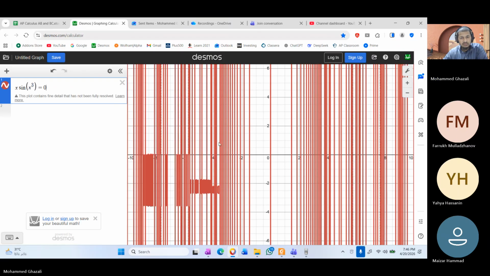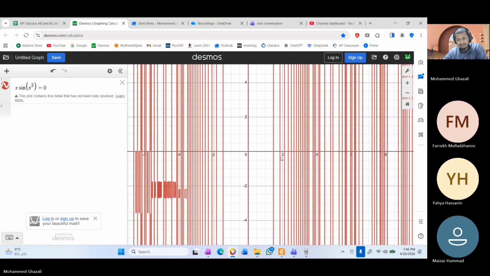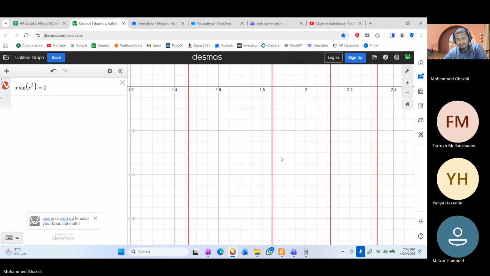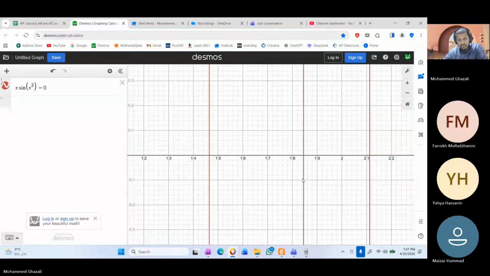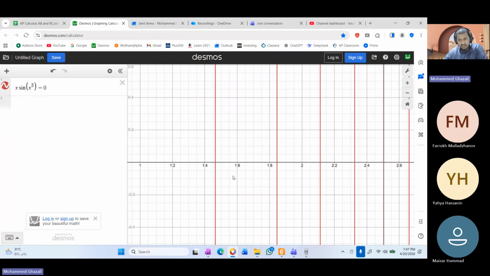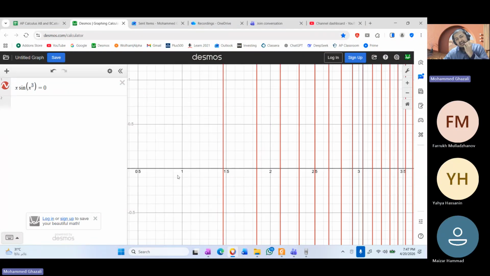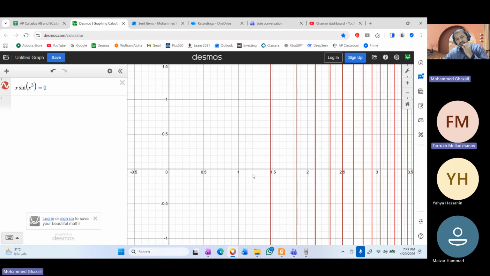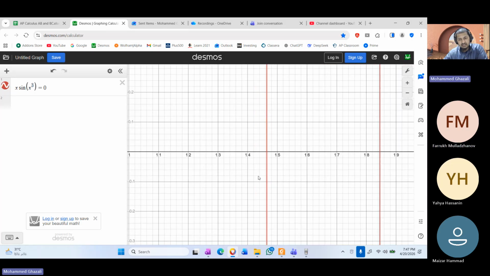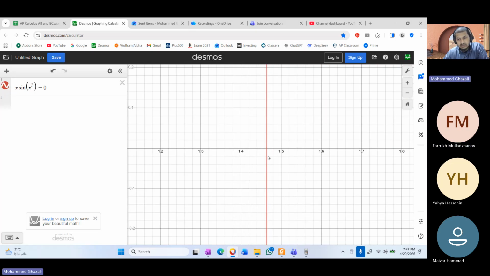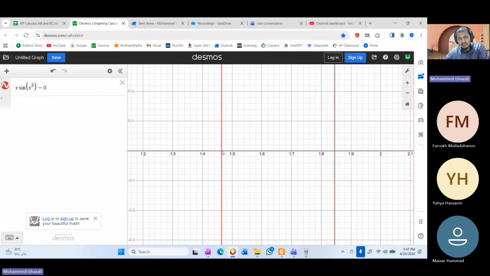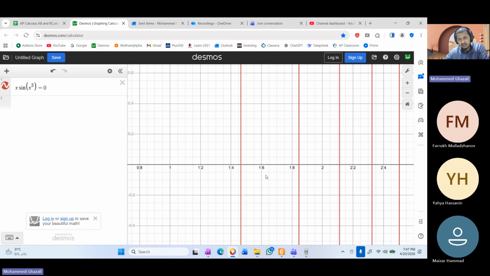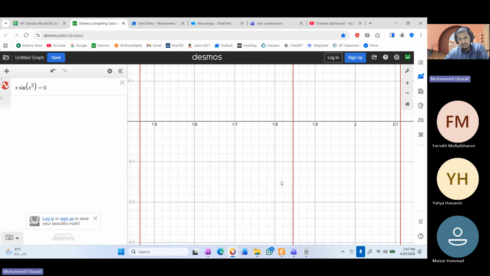Whoa. There is an intercept between 1 and 1.5, is it? There's an answer there and there's an answer there. Which one should we take?